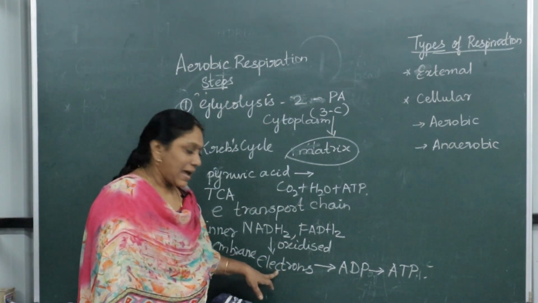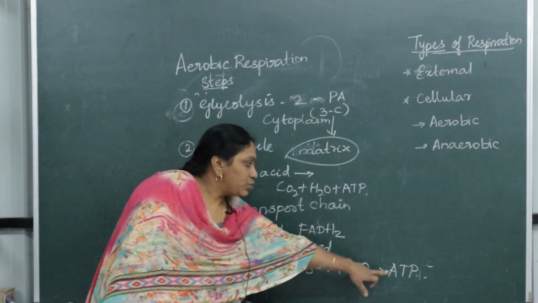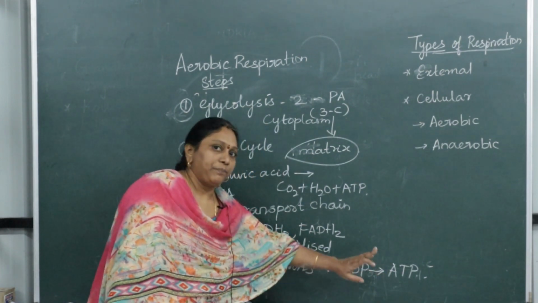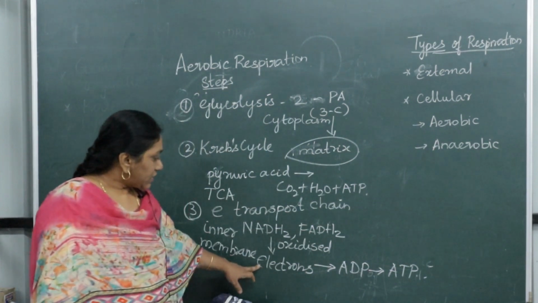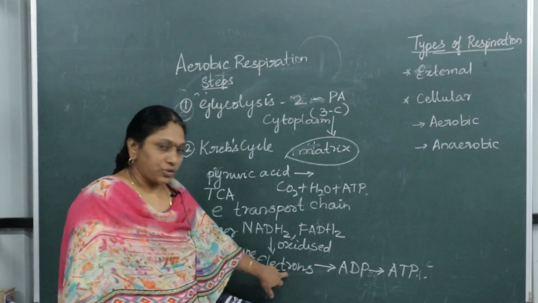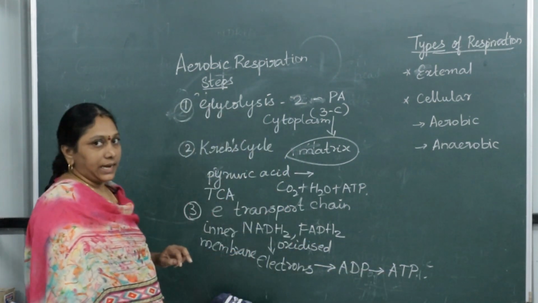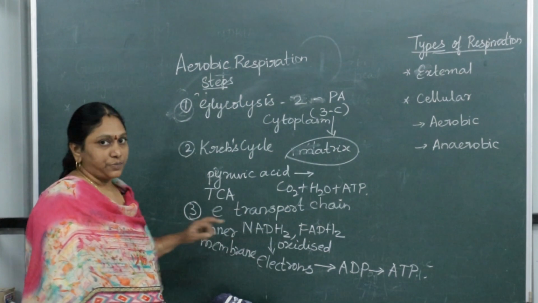These electrons have energy which will be accepted by ADP to synthesize ATP. So the energy released through these electrons will be accepted by ADP to synthesize ATP, which is the final step of this process.